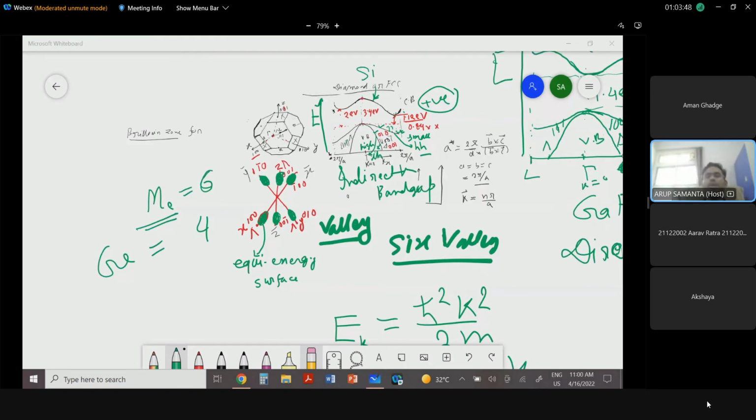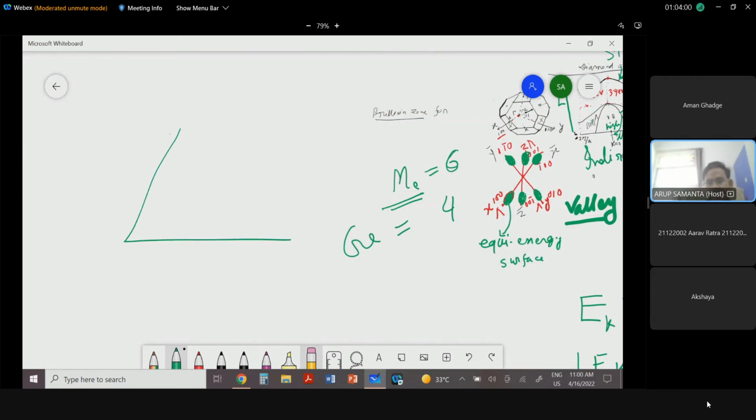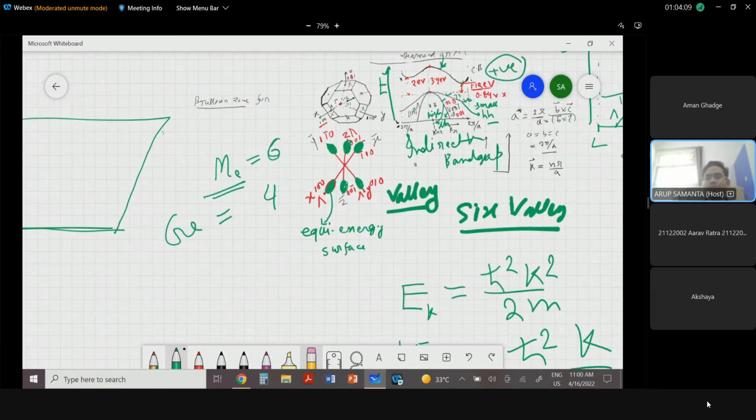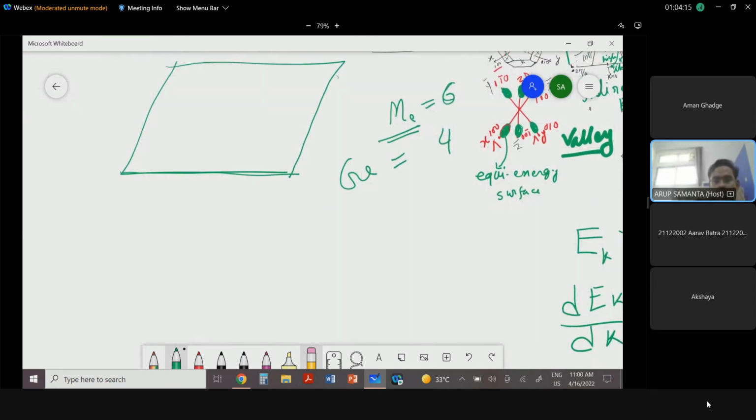If you somehow want to confine one of the directions, let's assume along the z direction you change the confinement, as I said, to create a two-dimensional material. Then x and y remain the same energy, but the z direction will modify. So your valley positions will change in energy. You can reduce this 6 valley into 1, and you can have 4 into 2.